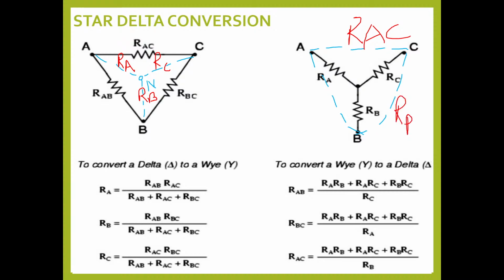RBC. Similarly, between A and B, what is the resistance? RAB. Okay, simply what you have to do, we have to just join the terminals and depending on the terminal notations, you can write RAC, RBC and RAB.